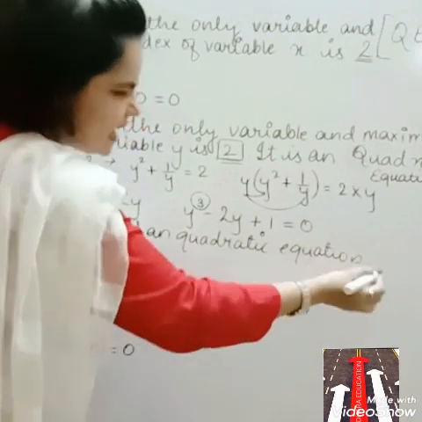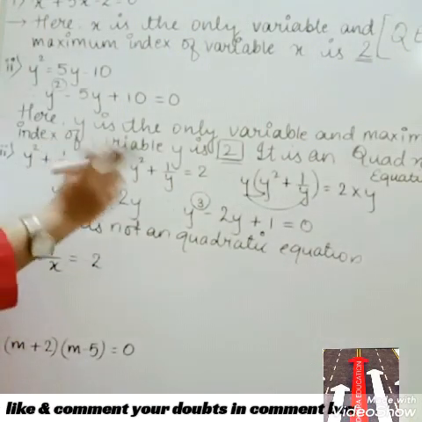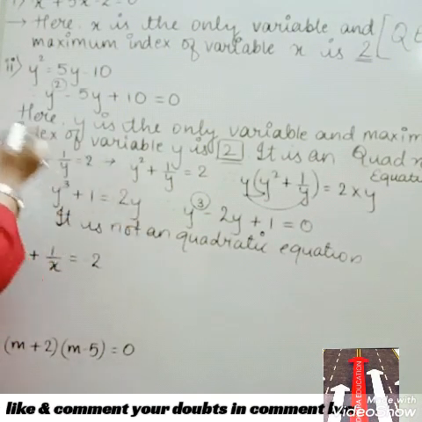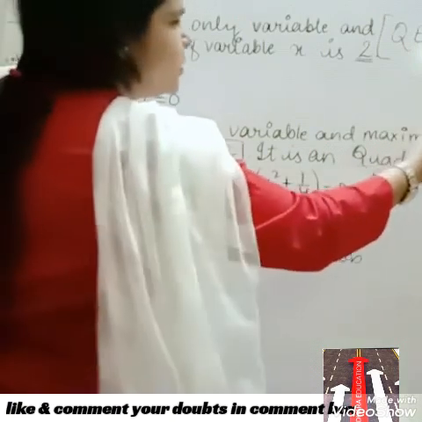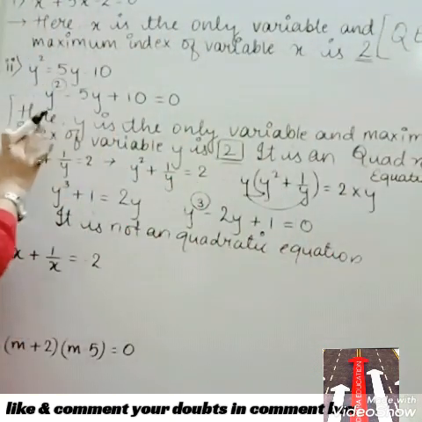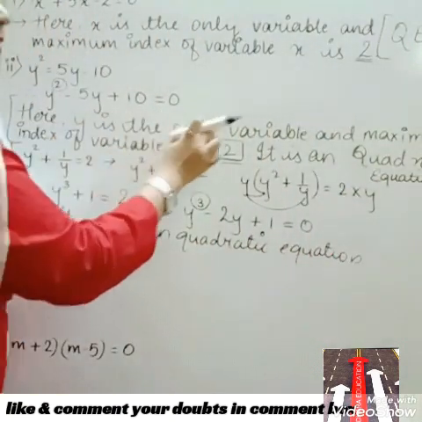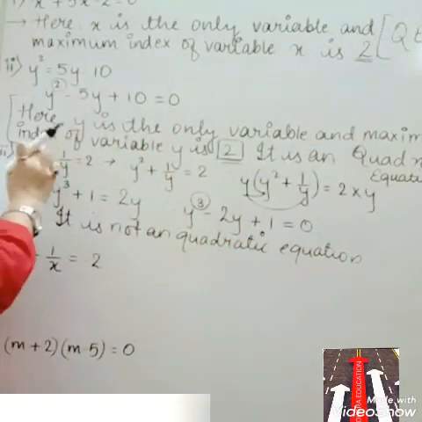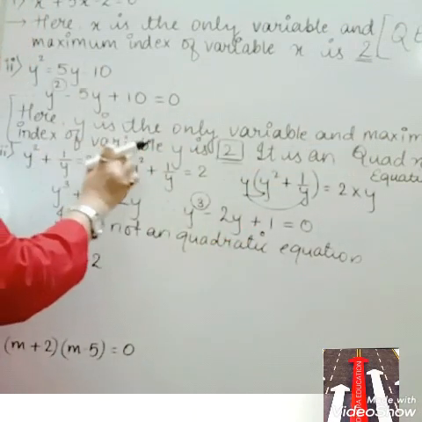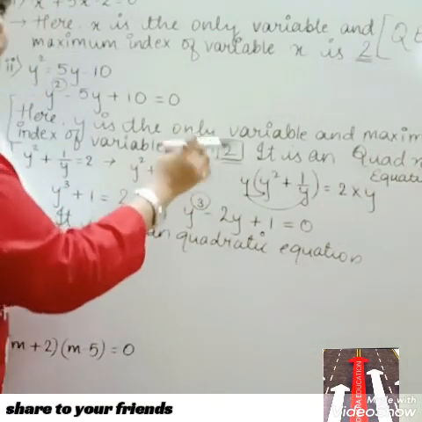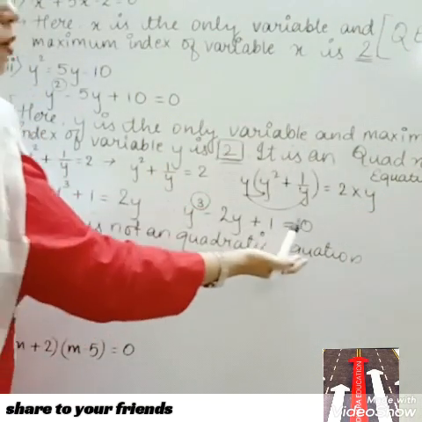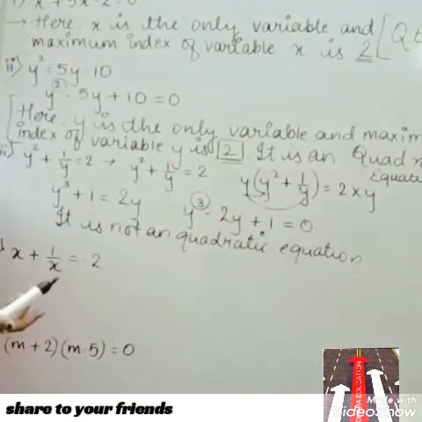Before this statement, you have to write that here y is the only variable and the maximum index of variable y is 3 instead of 2, and it is not a quadratic equation.